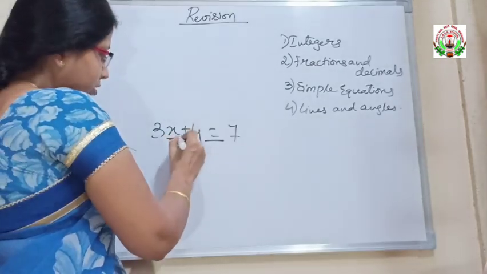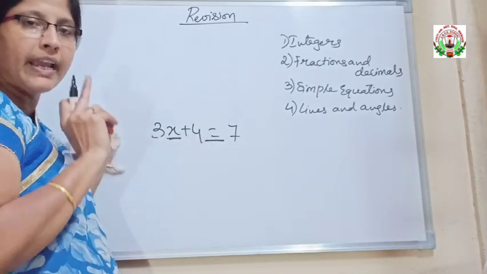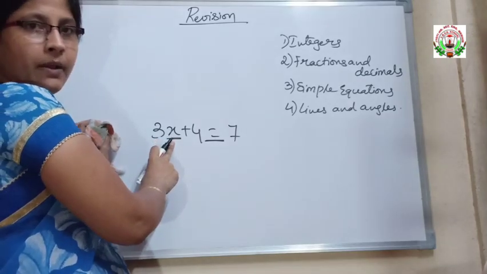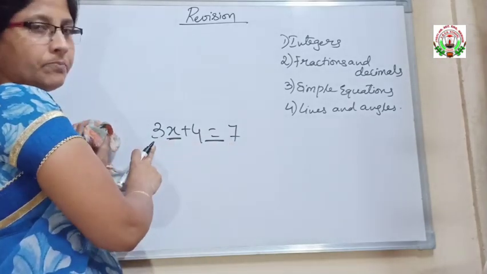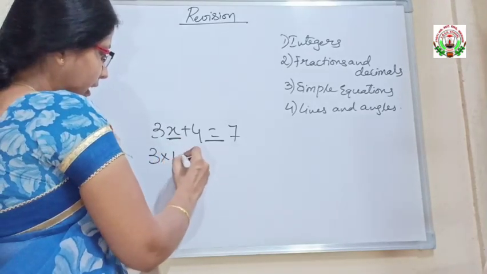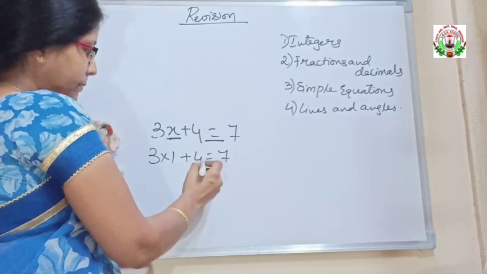And a variable also. Variable meaning is the value that varies. We can write any value in the place of this variable to solve this equation. So here when I write x value 1, it is 3 into 1 plus 4, it is 7. See, 3 ones are 3, 3 plus 4 is 7.